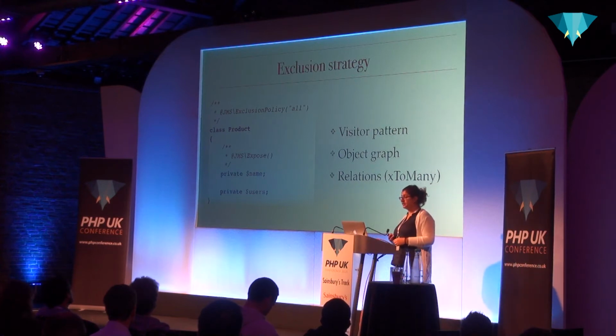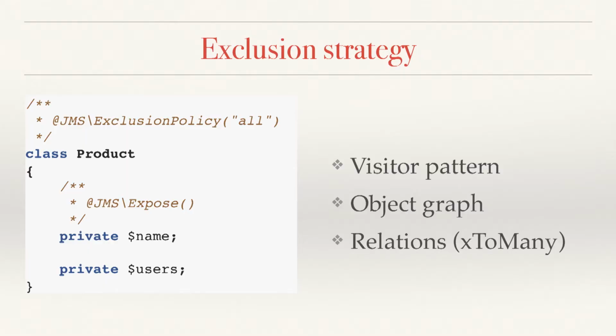Okay, a best practice here is to always exclude all of the properties that you want to serialize. Why am I saying that? It's basically because this object doesn't exist in your application, in mine too. But most of the time you have relations.